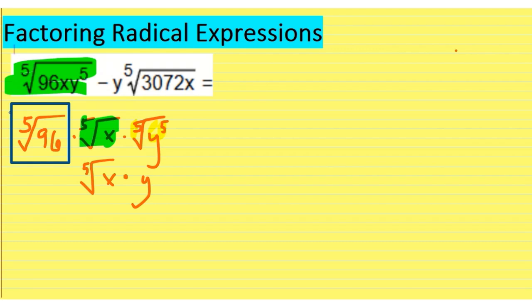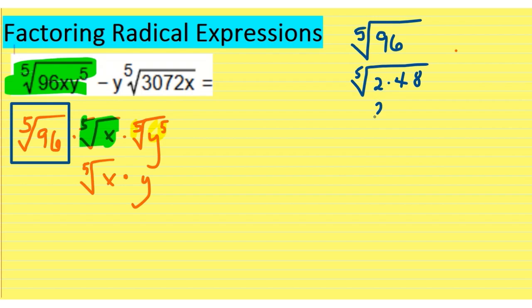Again, scratch paper is your friend when it comes to problems like this, because I need to look at the fifth root of 96. The fifth root of 96 is not a nice, neat number. It's going to be a messy decimal number, which means I need to break down that 96 into all kinds of little factors to see if I can find 5 of any one factor. So I'm going to break that down into 2 times 48, and then I'll keep breaking it down.